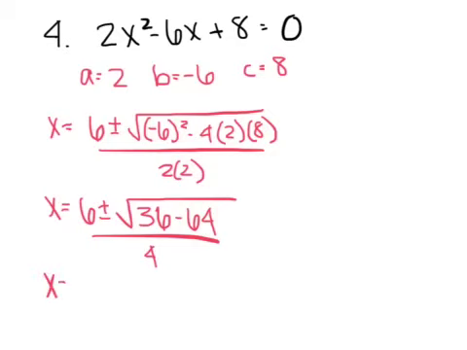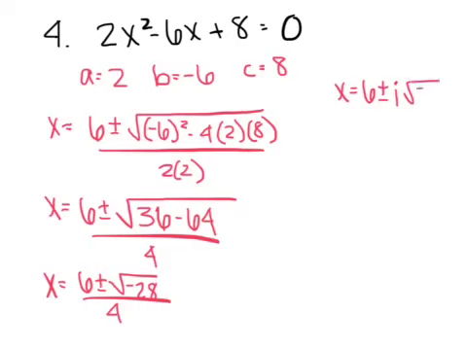So we have x equals 6 plus or minus the square root of negative 28 over 4. Now from there, how would I simplify that? Think about what we've been doing in all of our problems. Lindsay? We make it x equals 6 plus or minus i, and then make negative 28 positive and put it all over 4. Very good.